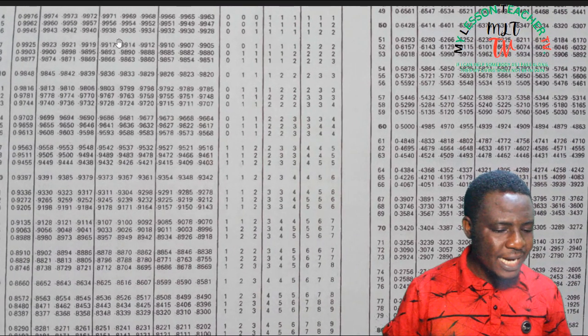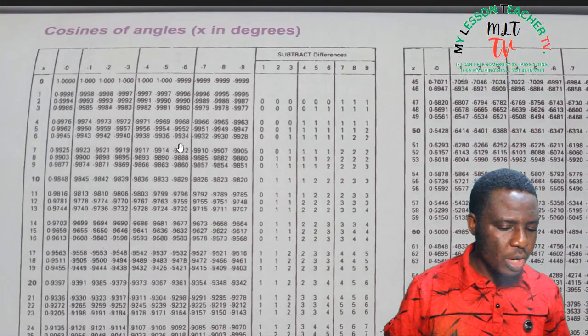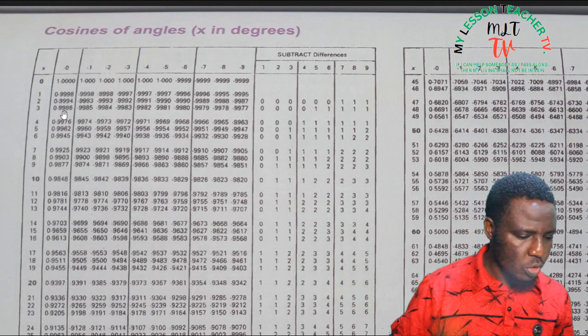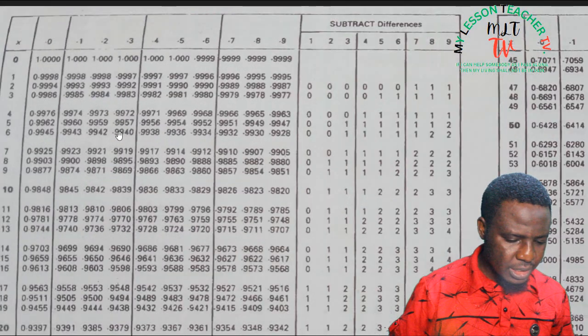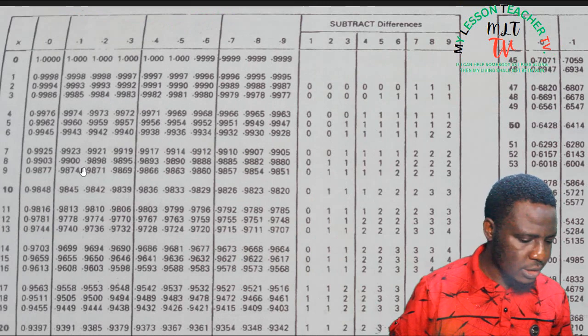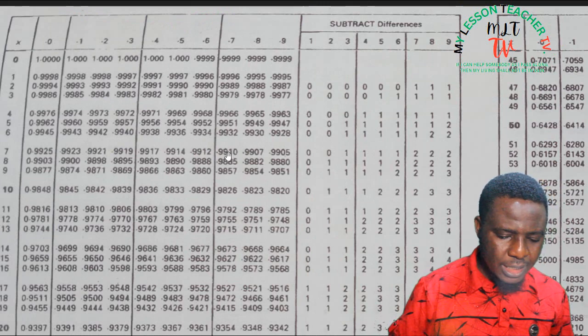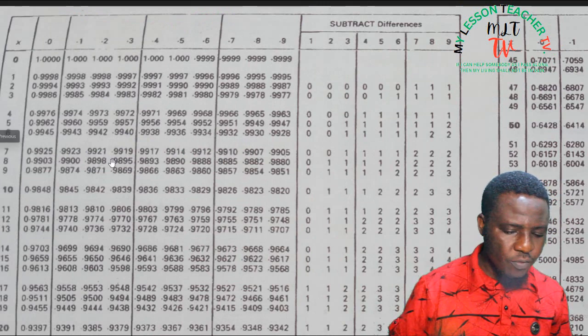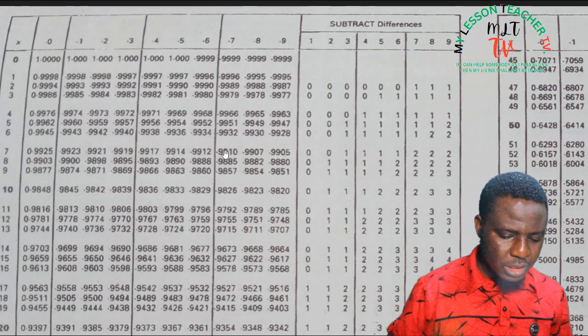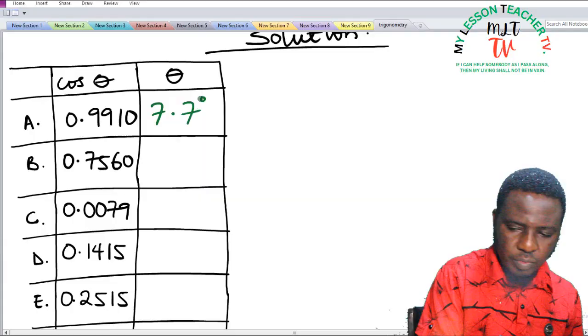So 9910 will be somewhere closer to 0. So I'll trace it. This is 9940, 9920, 9910. So 9910 is 7.7 degrees.